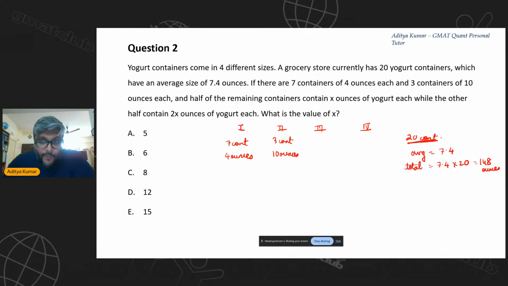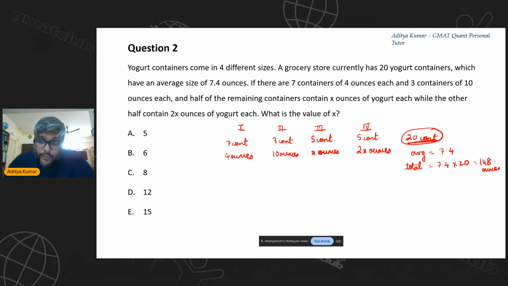I have a total of 20, so I'm left with 10. Half of the remaining containers: the remaining containers are going to be 10, so half of them would be 5 containers. Contain X ounces each, while the other half, that's another 5, contains 2X ounces each. So 7 plus 3 is 10, 10 plus 5 is 15, 15 plus 5 is 20. There's a total of 20 containers.